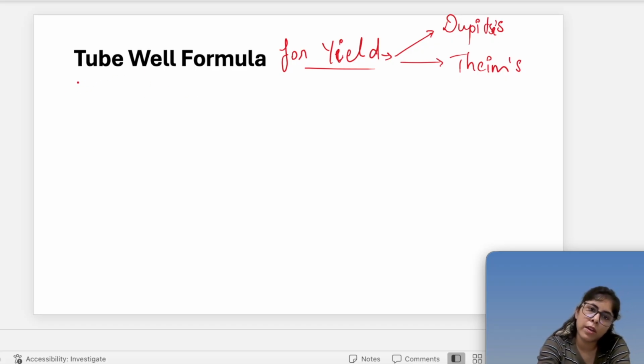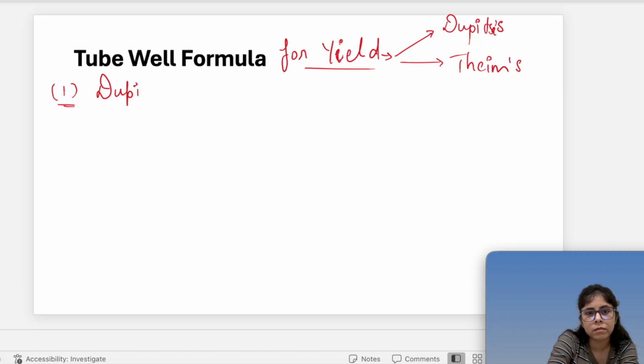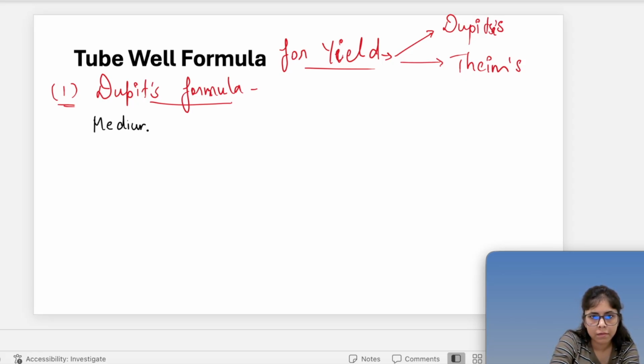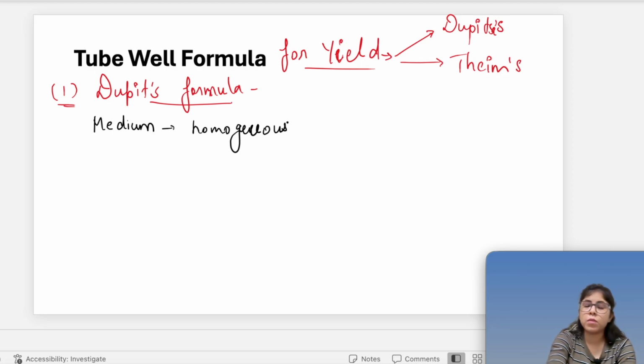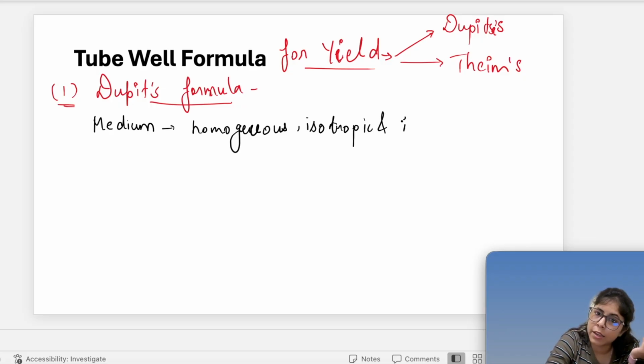Okay, so the very first which we are going to see is Dupuit's. So Dupuit had some assumptions: the medium is homogeneous, isotropic, and infinite.